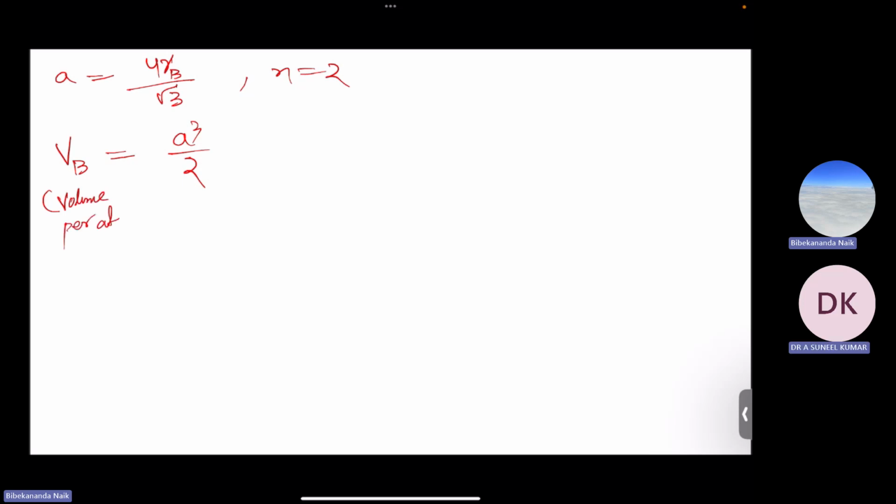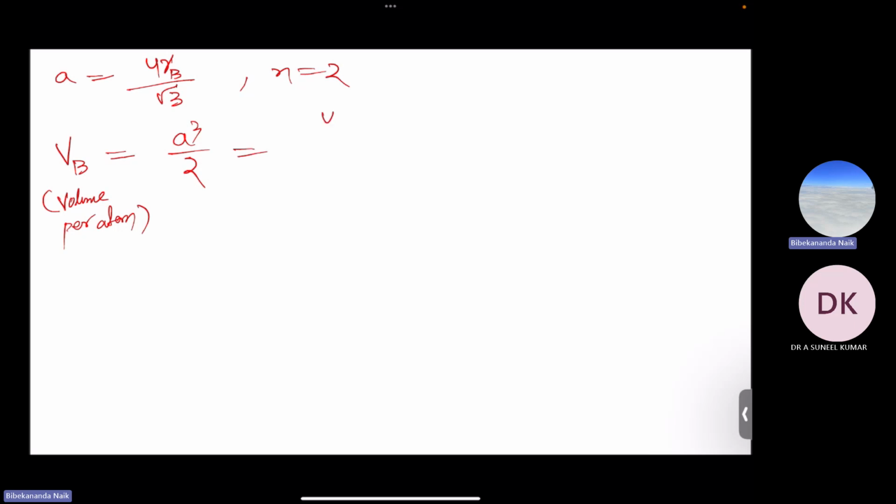In case of BCC, A is 4RB by root 3, and N is equal to 2, because in body center cubic there are 2 atoms. So if you calculate the volume per unit cell in BCC, it will be A cube by 2. This is the volume per atom in BCC.